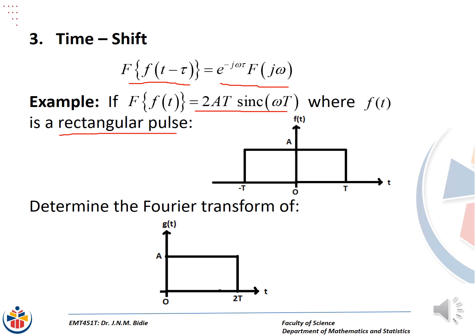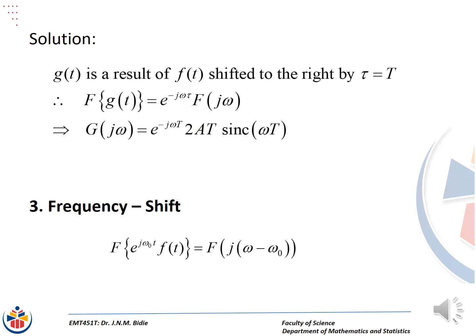By how many units? By T units. Hence we say that tau is equal to capital T, and we substitute into that formula F(j omega) is 2aT sinc omega T, and into the exponent we substitute just the value of T, and that's our solution.